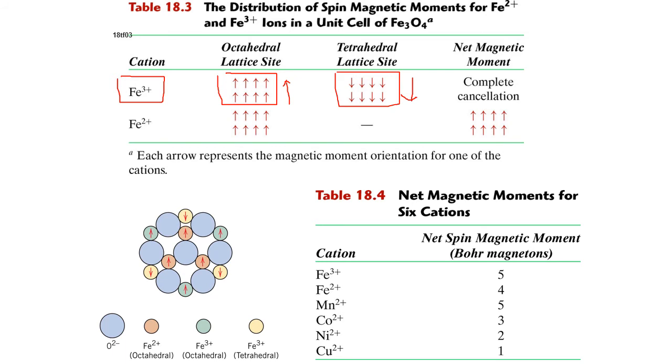Each of these dipole moments cancels the other, a complete cancellation, so no net magnetic moment.